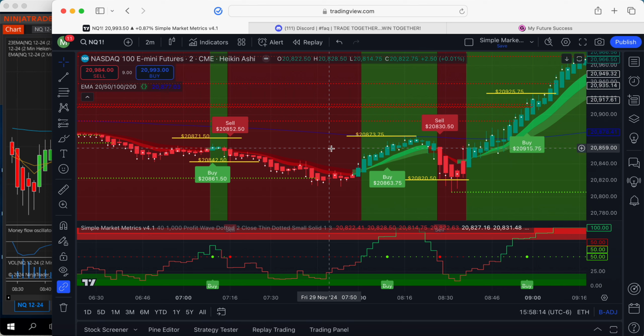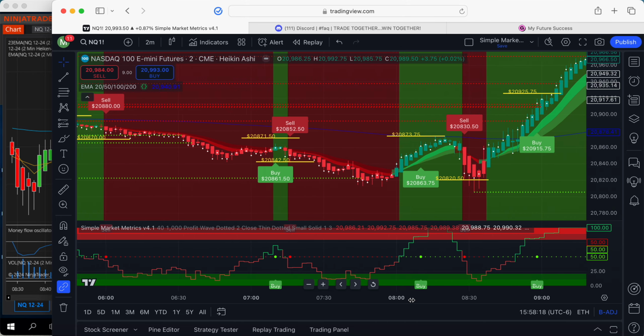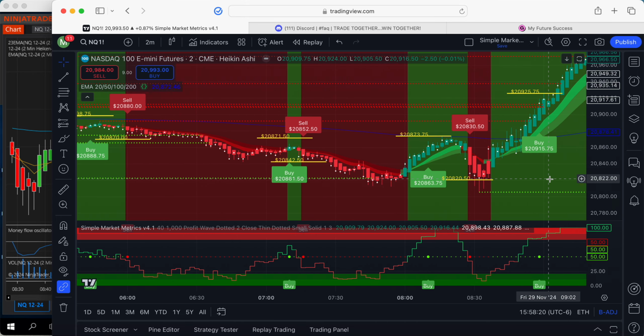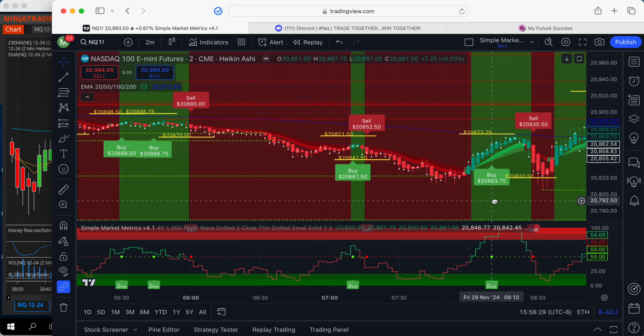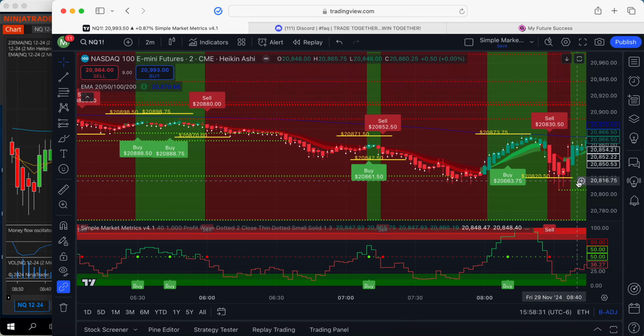On the NQ 2 minute, the signal can come more on the early side, on any of the 2 minute charts. If you're on the 1 minute chart, sometimes they can come late, like within a few seconds. But you can be kind of expecting it. Now we're getting the background change green. Candles are green.